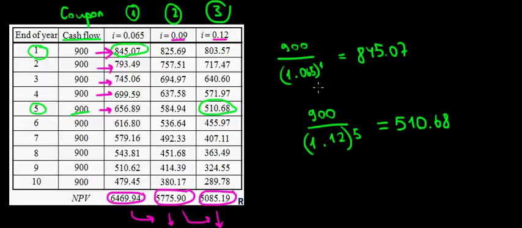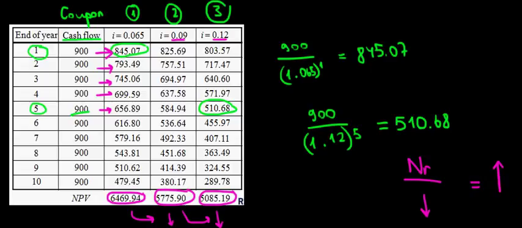It makes sense. If we are discounting at 6.5%, we get a higher number than when we discount at 12%. And why is that? Because whenever we divide a number by a small number, we have a higher value. Our number as a result goes up.